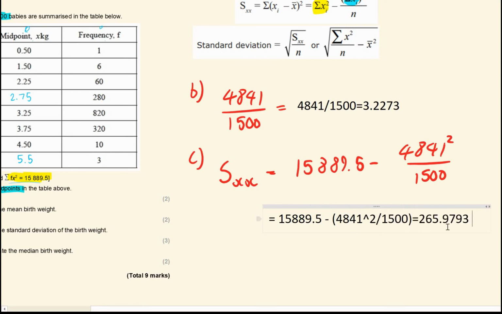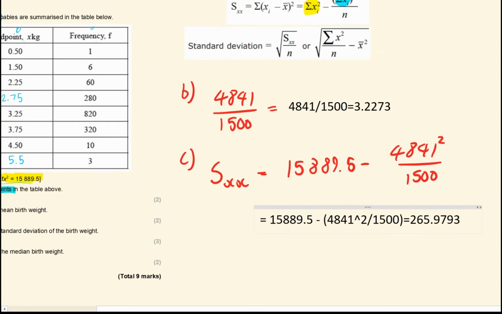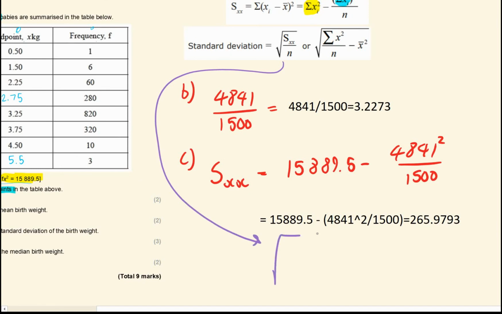Okay, that's my Sxx. It's going to be 265.9793. I can now look at the standard deviation by using this part of the formula. So it's going to be the square root of 266 over 1,500. So putting me a fairly small number.